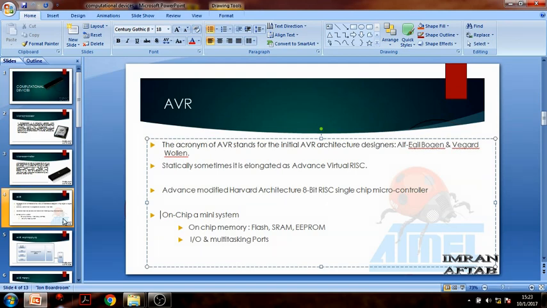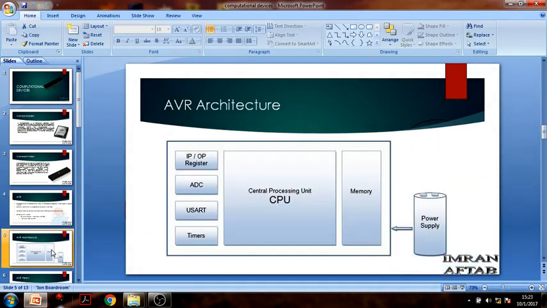Here is the AVR architecture. Although the architecture of a microcontroller is very complicated, we are just going to understand it with the help of a block diagram. As we know, there are two types of devices, input devices and output devices.